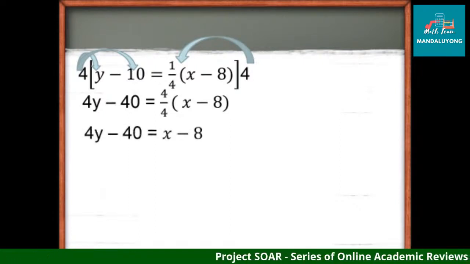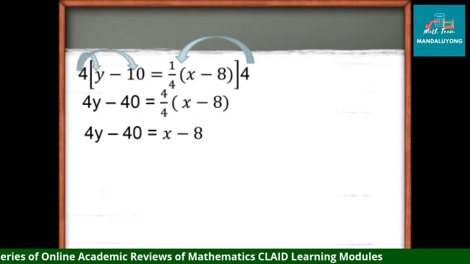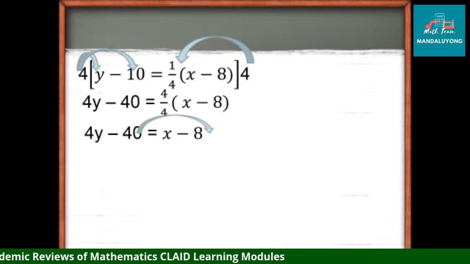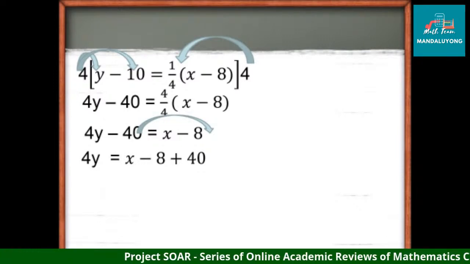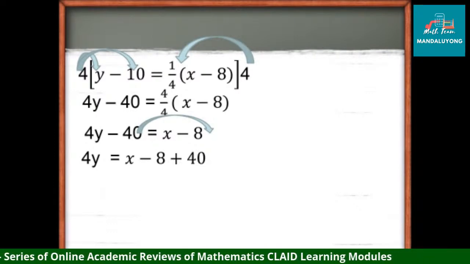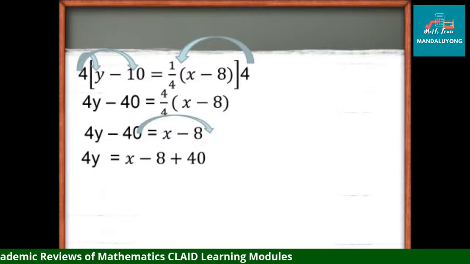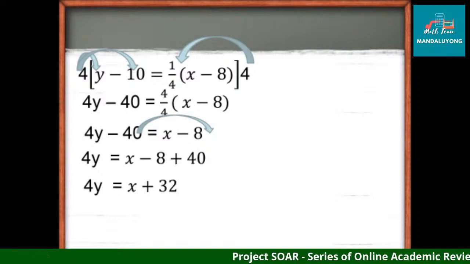Simplifying further, we have 4y minus 40 equals x minus 8. Transposing negative 40 to the right side of the equation, we have 4y equals x minus 8 plus 40. Since negative 8 and positive 40 are like terms, we combine them. So we have 4y equals x plus 32.